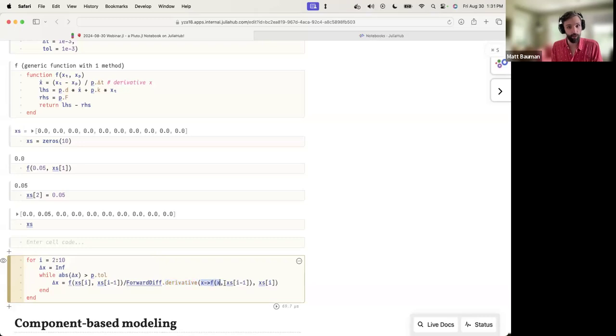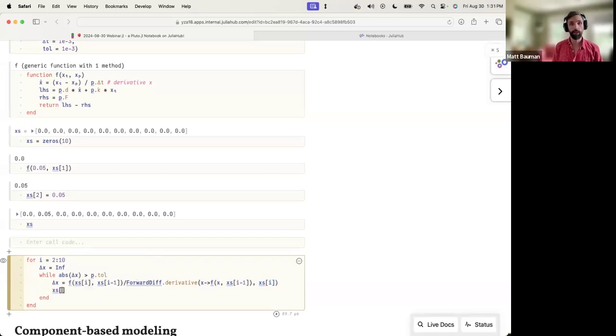So I create this anonymous function that just compares our current value of x's against the previous time point and holds that previous time point constant. So by putting it inside this function and not as an argument, it's a constant. And then we take the derivative with respect to the one argument we pass, which is our current position at our current time. So that gives us our derivative.